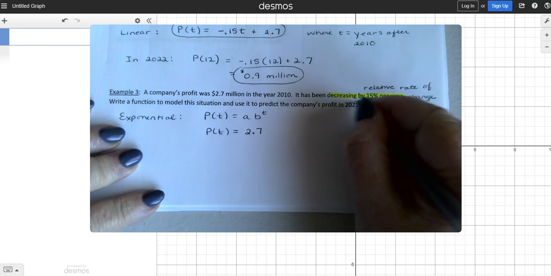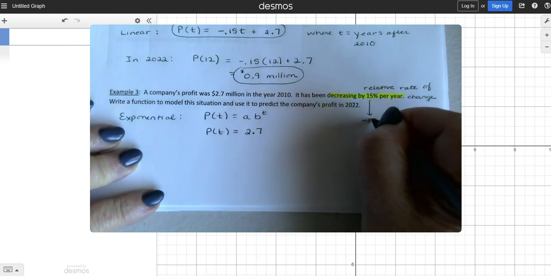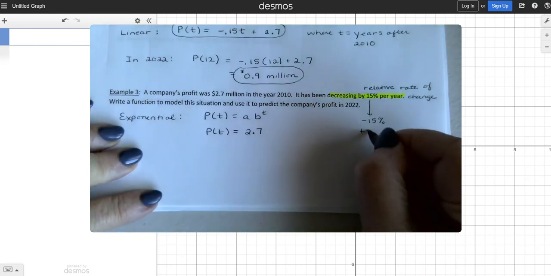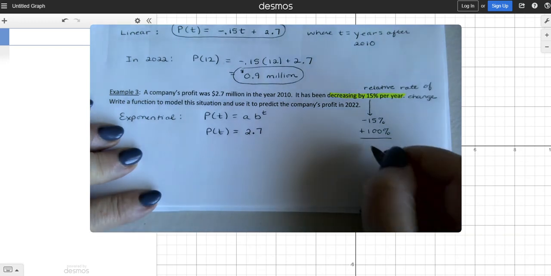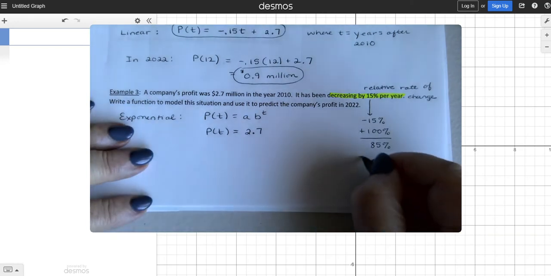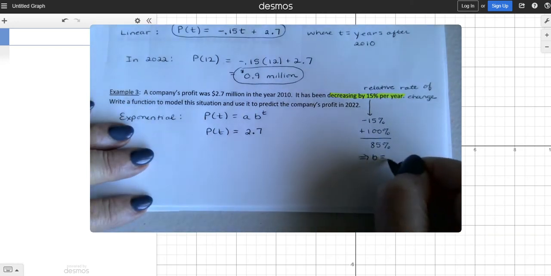If I think of that decreasing by 15% as a negative 15%, and then add back in the 100% that I started with, I now have 85% left. So my b value is 0.85.